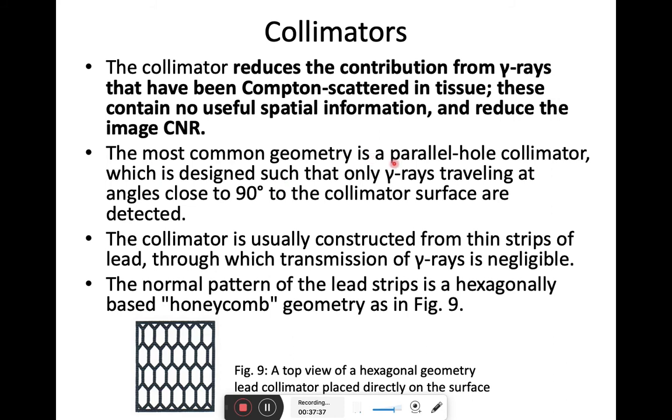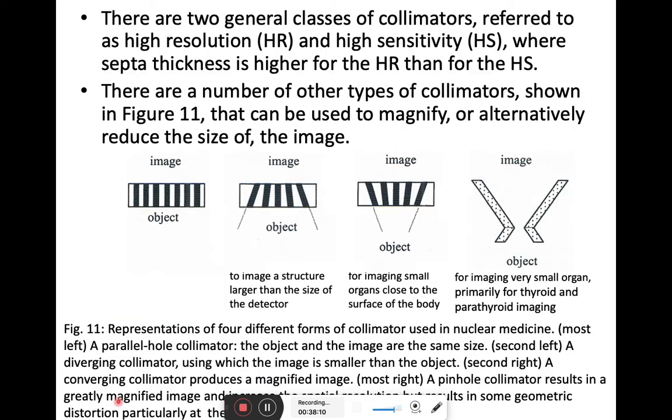The common geometry is a parallel hole collimator, designed so that only gamma rays traveling at angles close to 90 degrees to the collimator surface will be detected. It is constructed from very thin strips of lead through which transmission of gamma rays is negligible. The normal pattern here is the honeycomb geometry. This is an example of the collimator lead strips.